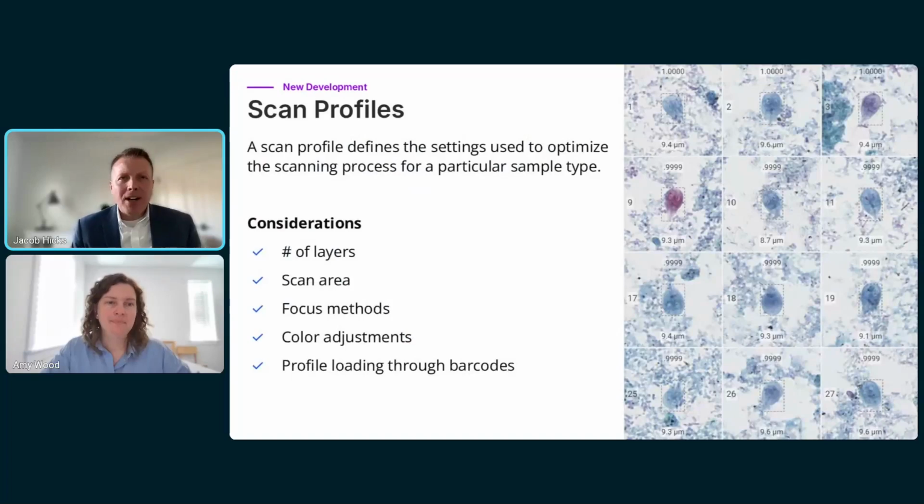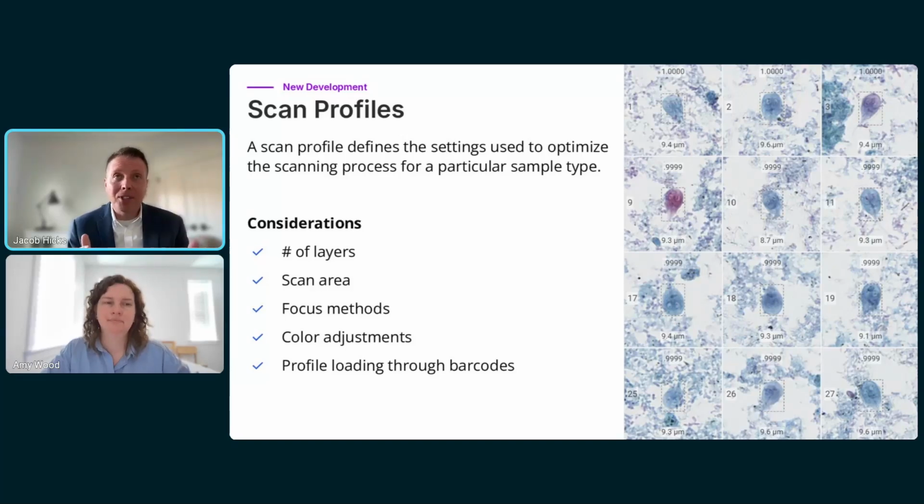These scan profiles are one example of, for more than a decade, Techcyte's R&D groups spending millions of dollars in engineering resources to figure out custom scan profiles, custom settings to get clinically viable images of these tougher to scan sample types. This is where, as Techcyte's team meets with laboratories, we talk about what you are looking to digitize.